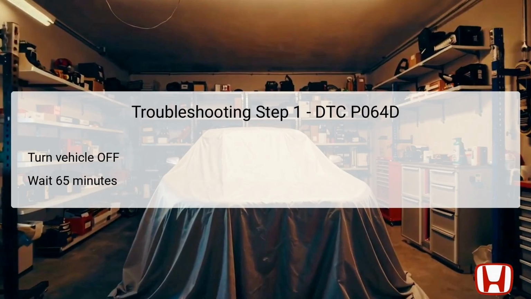Providing adequate time ensures that any lingering errors caused by transient conditions are cleared before proceeding with further diagnostics. Once this waiting period is over, you can reinitialize the system by moving to the next step, ensuring that you do not carry forward any temporary glitches from the previous drive cycle into your diagnostic process.